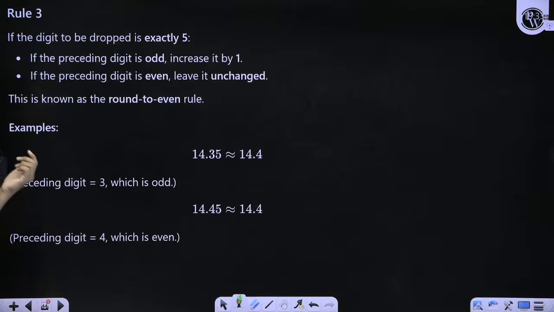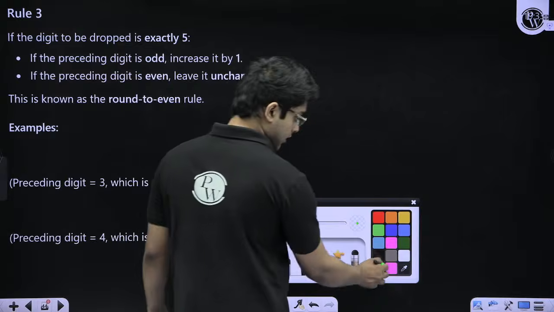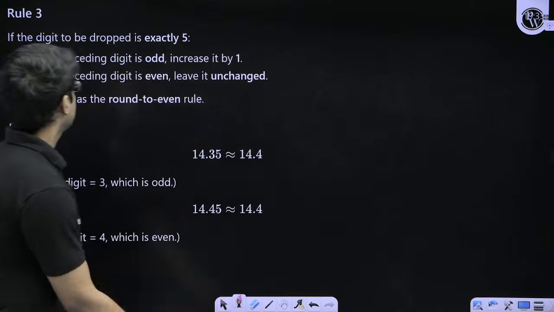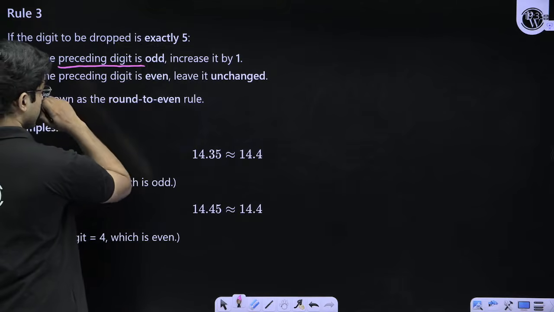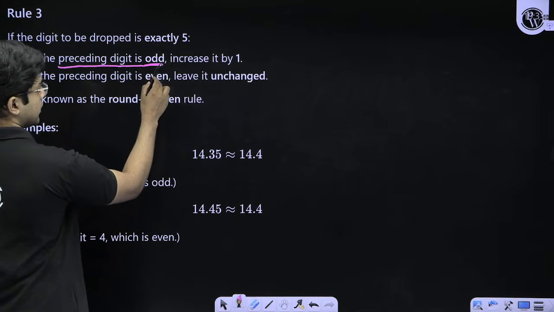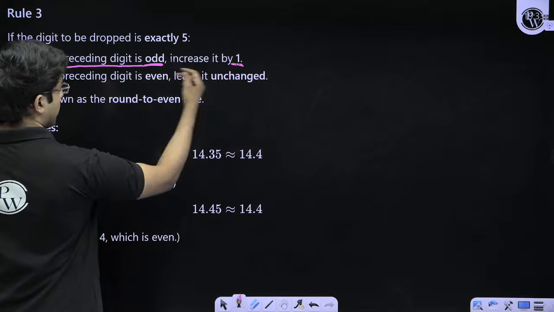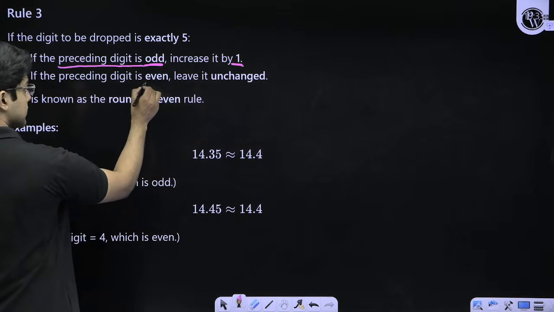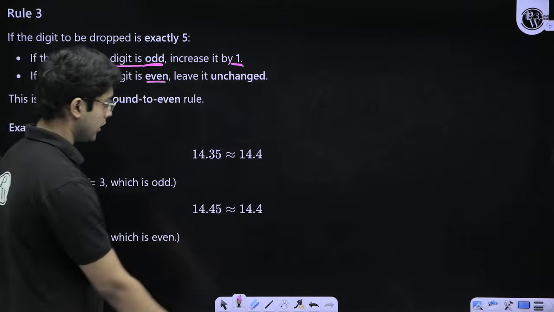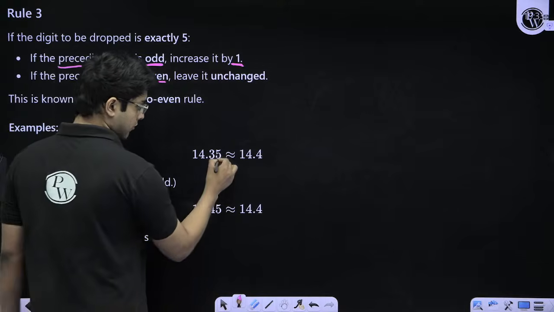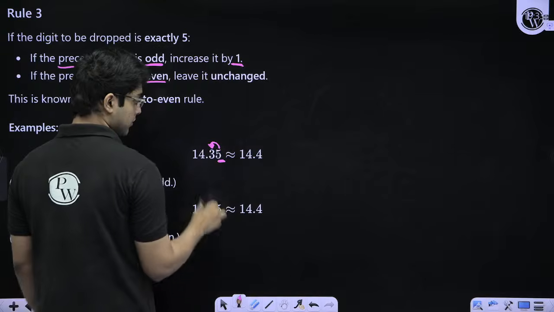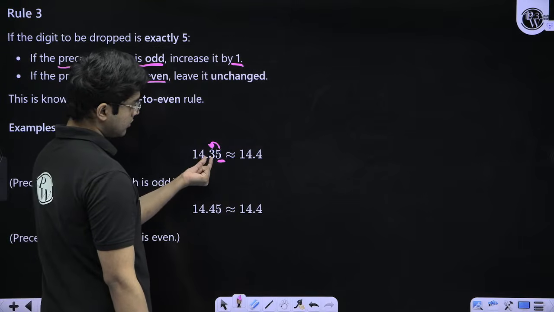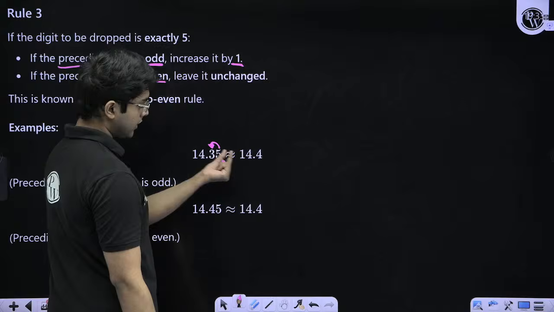If the last digit is equal to 5, then there is a weird rule. The rule is, if the preceding digit, which means the digit before the last digit, is odd, then we increase it by 1. If the preceding digit is even, then you leave it unchanged. So whenever you have 5 at the end, check the digit just before it. If it is odd, 3 is odd, so you increase it by 1.